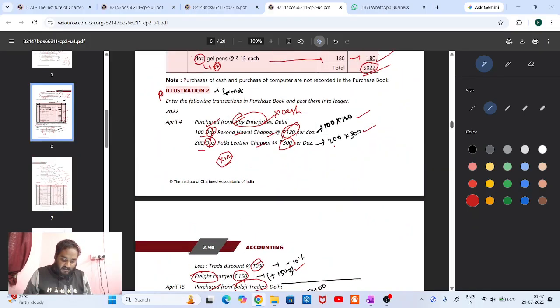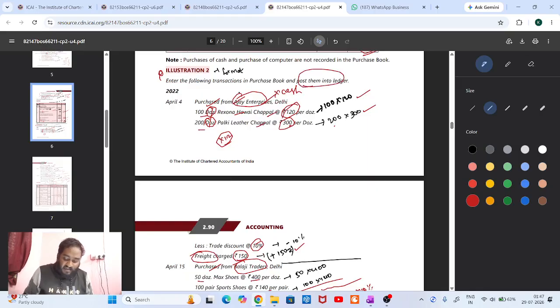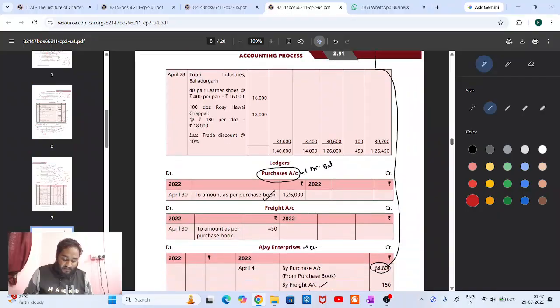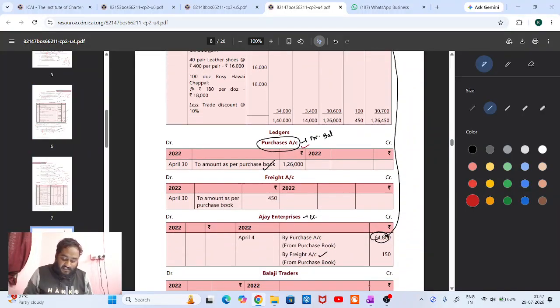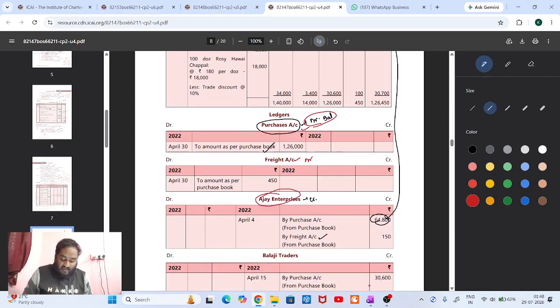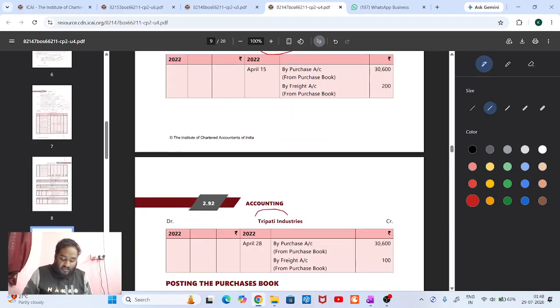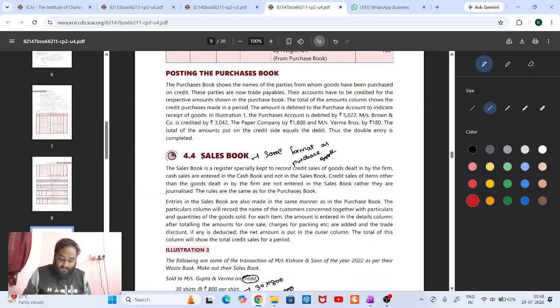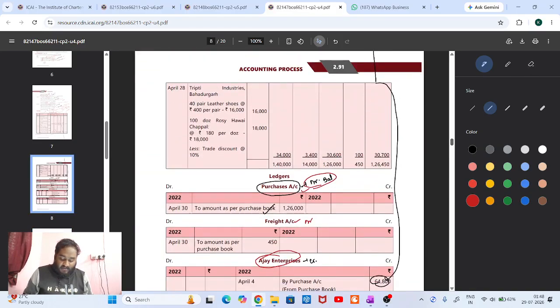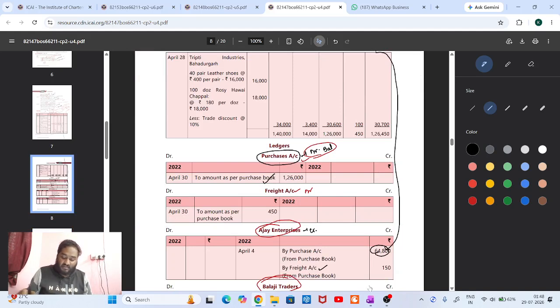Did they ask to post them in the ledger, right? Just open the purchase account, which is a debit balance, and the freight account, which is also an expense and a debit balance. He is the creditor, so credit balance. Balaji is also a creditor. Tripathi is also a creditor. Basically, the journal entry is purchase account debit to the total amount. What is the total amount?